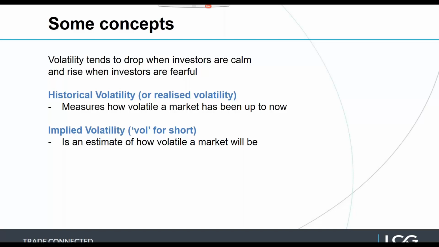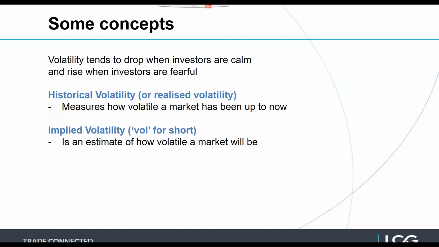Implied volatility, or implied vol for short, is an estimate using options pricing of how volatile a market will be in the future. So obviously that is more worthwhile, but it's less certain. What happened in the past, it definitely happened. There's no question about it. We had more price volatility in the past. Take from that what you will about what's going to happen in the future.